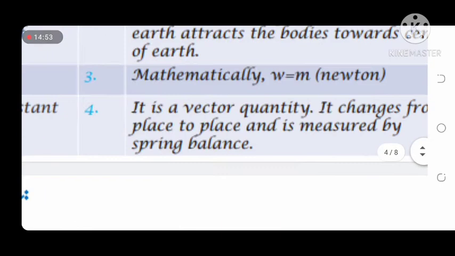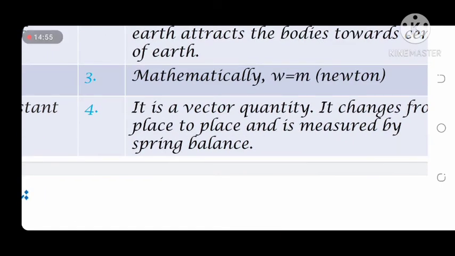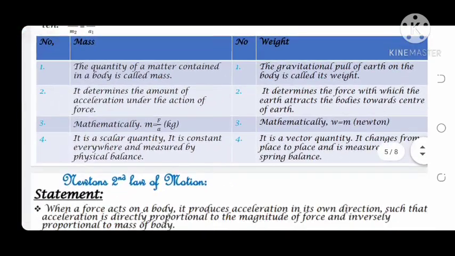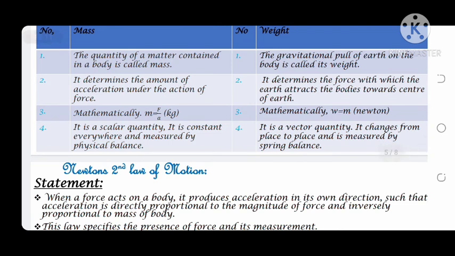It is measured by spring balance. Physical balance and spring balance are two balances. Spring balance hangs vertically down, so gravity easily acts upon it, and physical balance has two pans. One contains the standard mass and the other contains the unknown mass.